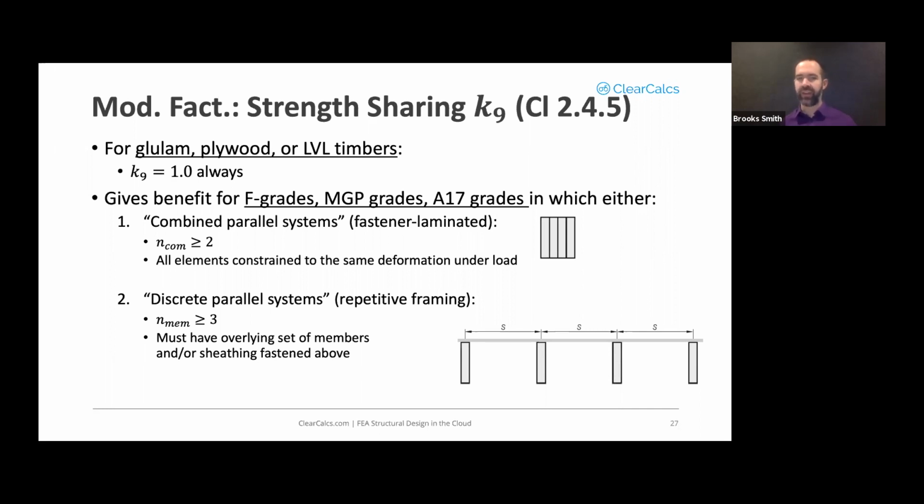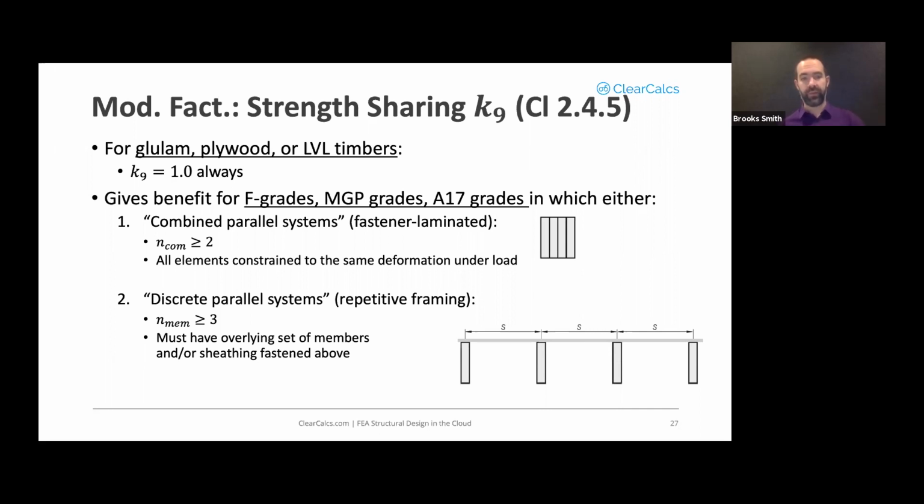The only guidance it gives is that all of the elements have to be constrained to the same deformation under load. So if you only have one fastener holding these laminates together, you probably can't take advantage of this. But use your engineering judgment or do some calculations to make sure that your deformation is going to be the same for all of your members in this laminate, and then you can take advantage of it.